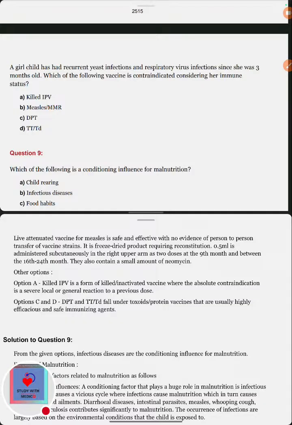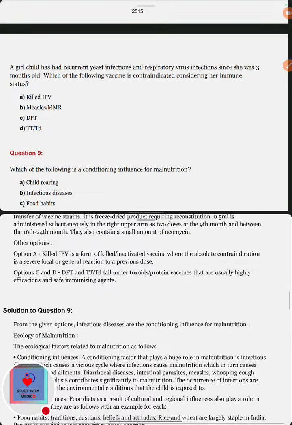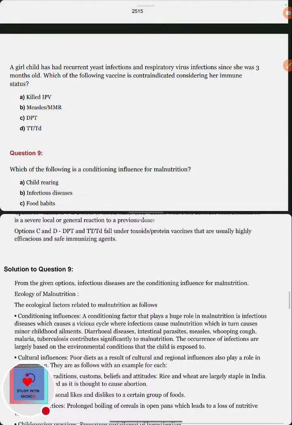IPV is a form of killed or inactivated vaccine. Still, a contraindication is severe local or general reaction to previous dose. DPT or TD falls under toxoids, protein vaccines that are usually highly efficacious and safe immunizing agents. You can give DPT and TT because it's a toxoid.